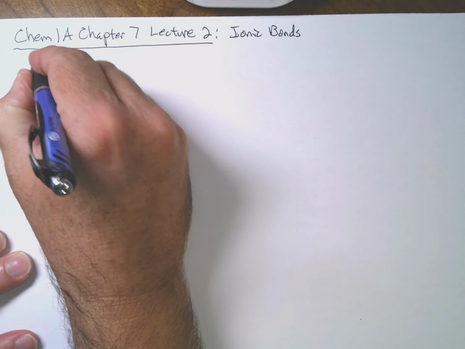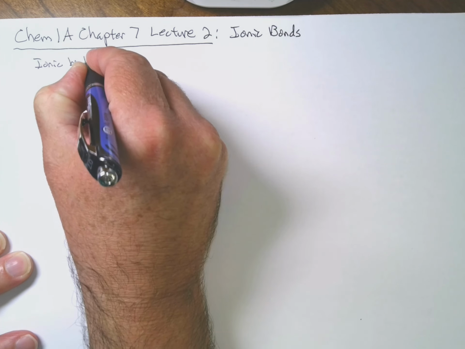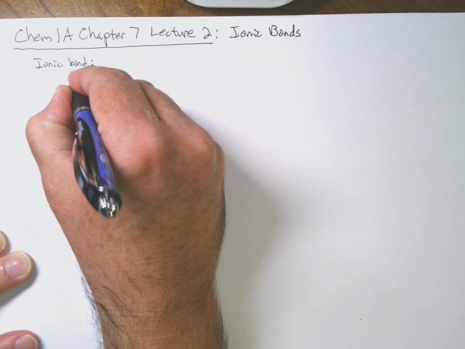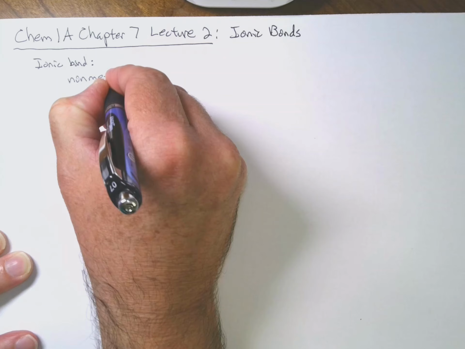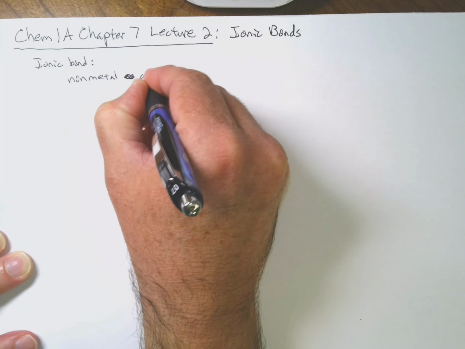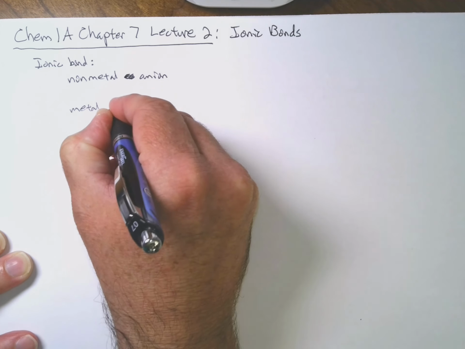Well, your typical ionic bond will have a nonmetal anion and a metal cation.